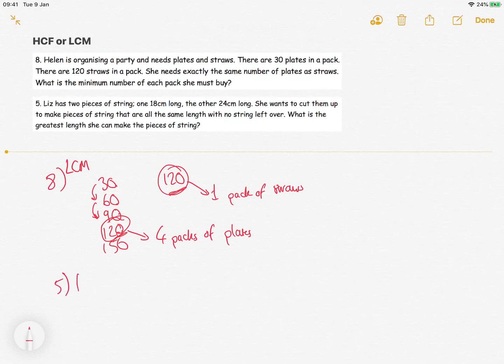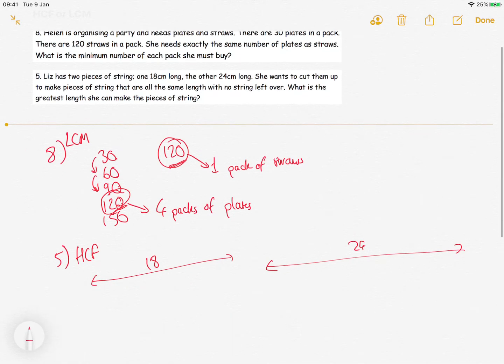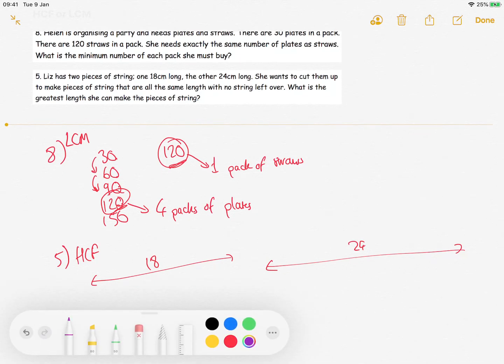So then 5 was your highest common factor question. And that is because you're dividing a string by an amount. So whenever we're thinking of factors, we're thinking, right, what divides into a certain amount. So if we have a piece of string that's 18 and one that's 24, and we want them all to be the same length, then I'll just give an example of how you could do this sort of wrong.